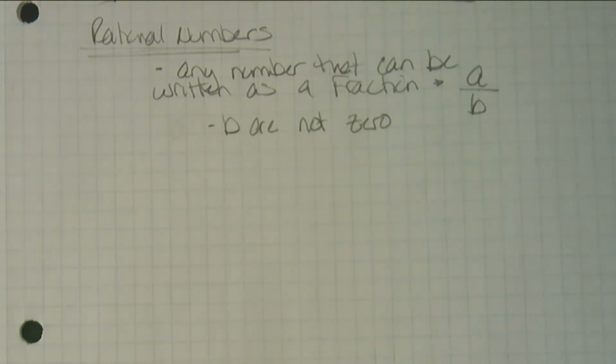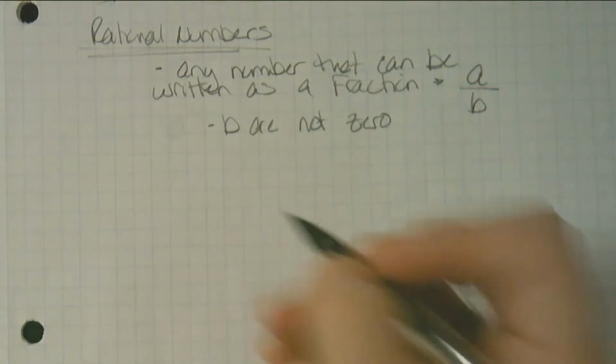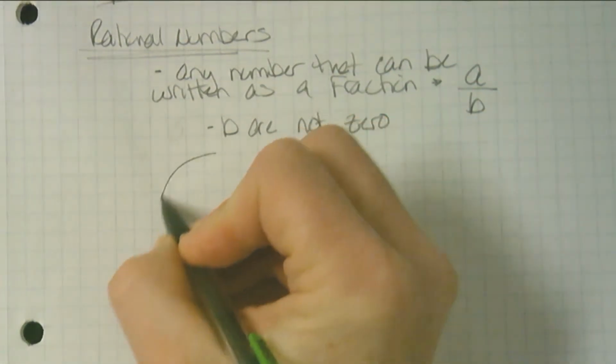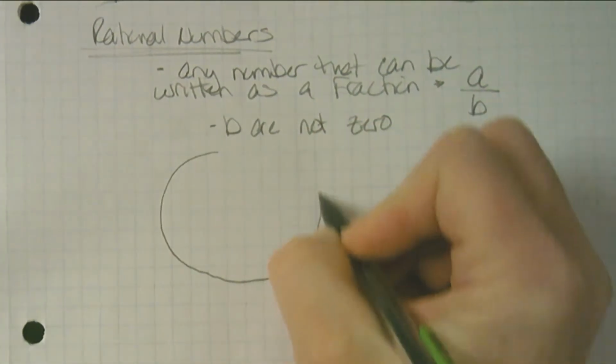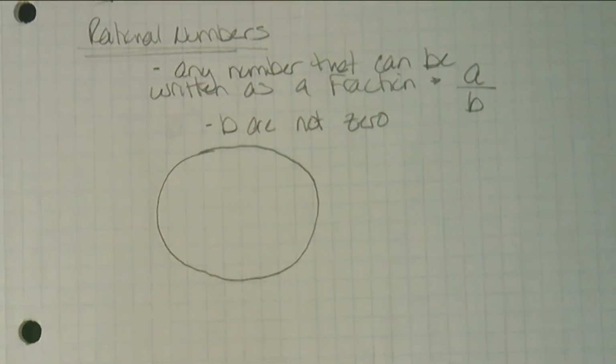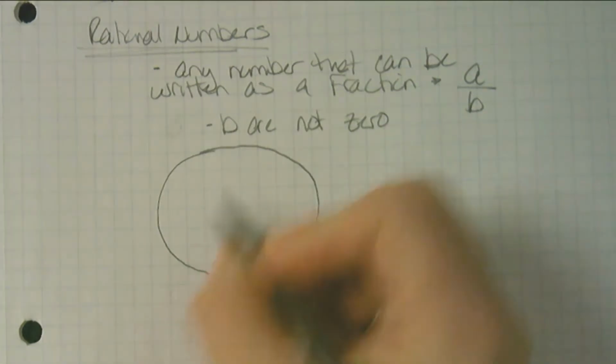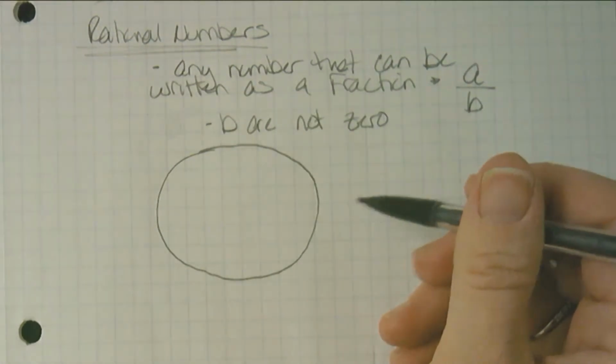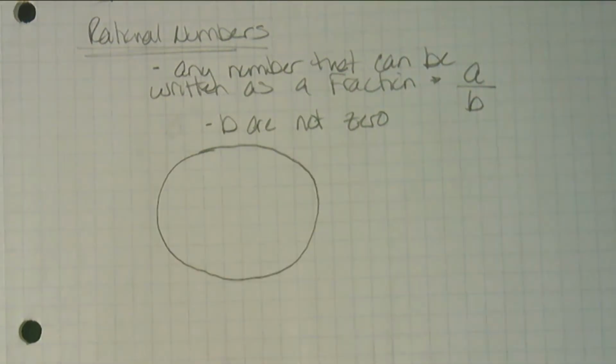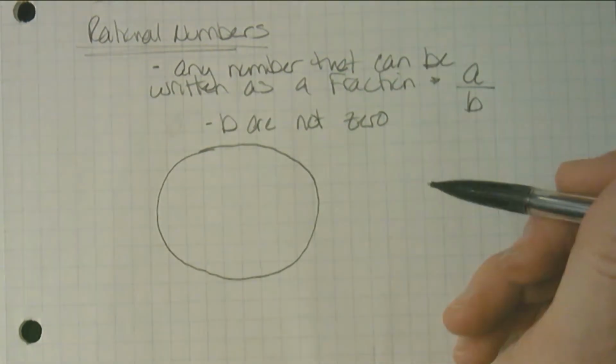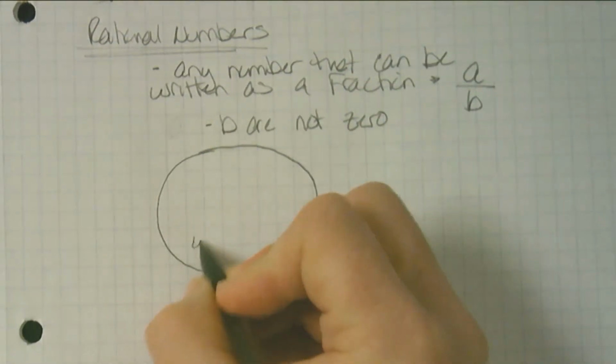All right, so let's take a look at what these mean. We're going to make a little picture. Draw a circle that you can write in. I'm going to do 3 circles. One's going to be inside another, so make this on the smaller side.